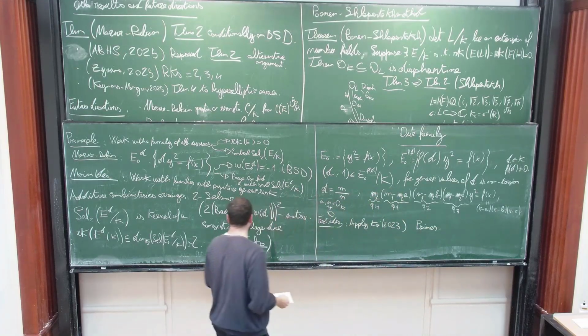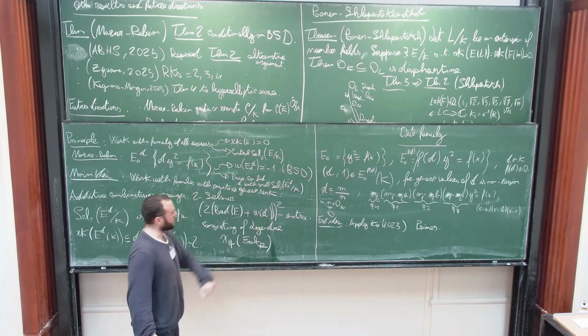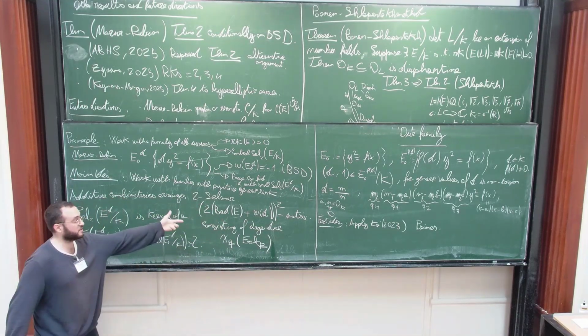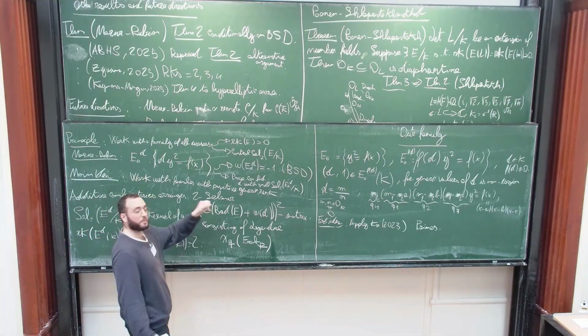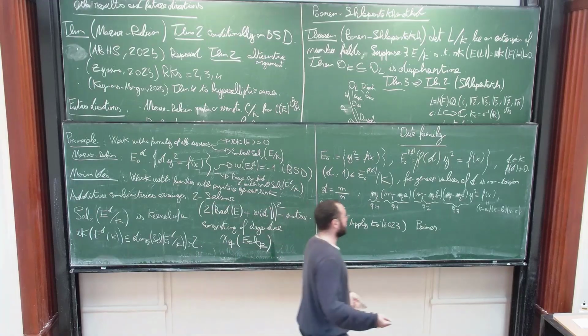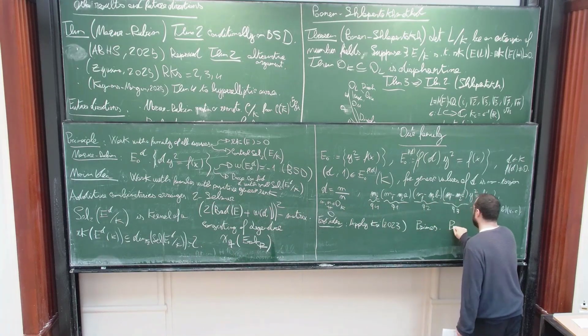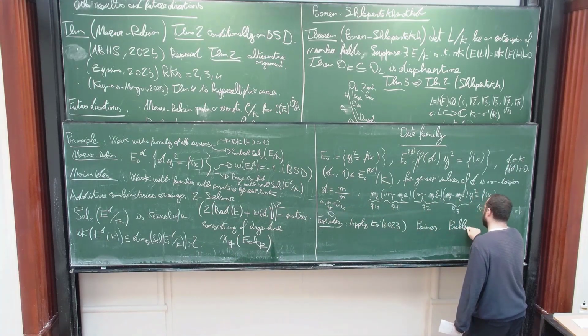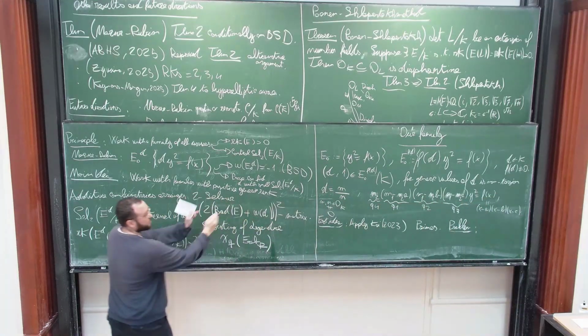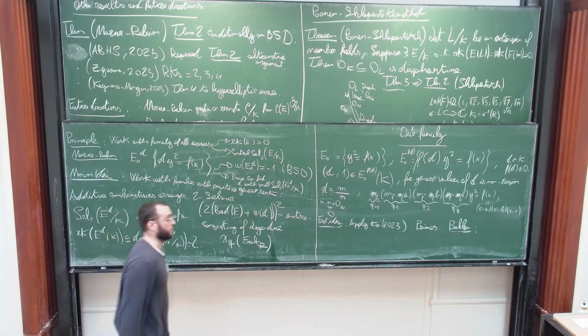Okay, so now your matrix looks like this: there are 4 things here, and there are maybe 1 million things here coming from the places of bad reduction, which you don't know, and you have to make the matrix almost invertible. So there is an obvious problem here: maybe the minor of the matrix coming from the initial places of bad reduction has a massive nullity.